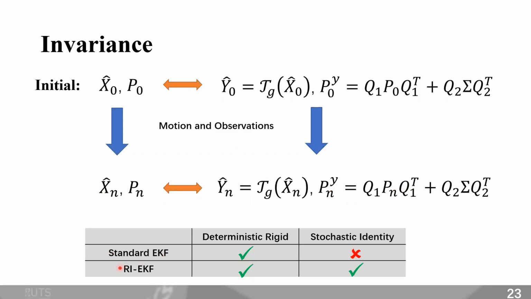Standard EKF and invariant EKF are estimation approaches, and a good filter should maintain these good properties of the SLAM system. So the stochastic identity is related to the Q2 part, right? Q2 sigma, Q2 transpose, right? It's correct.